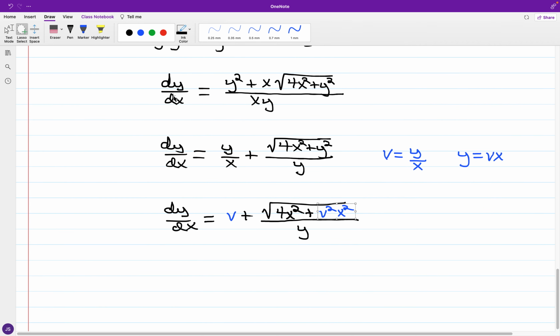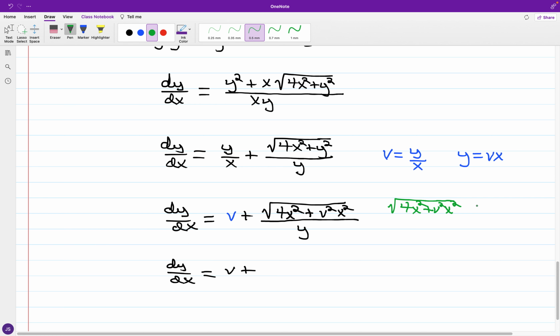And if you notice, you can see we have dy over dx is equal to v plus, and if you notice, with x squared for this radical term, we have 4x squared plus v squared x squared.